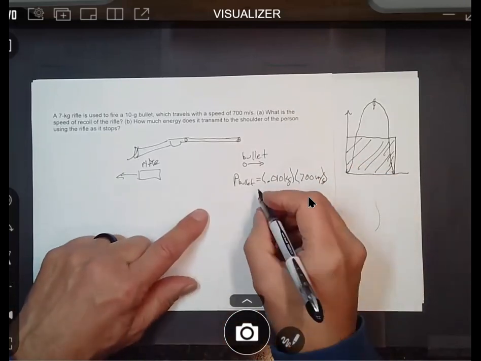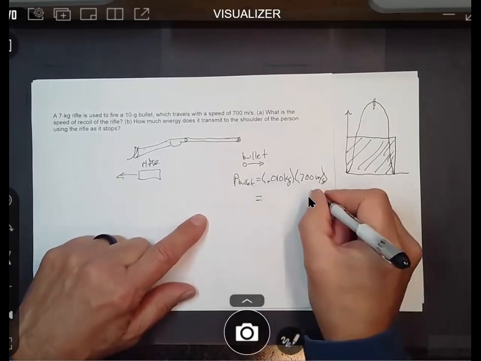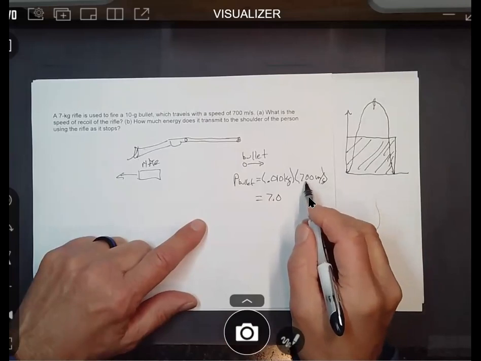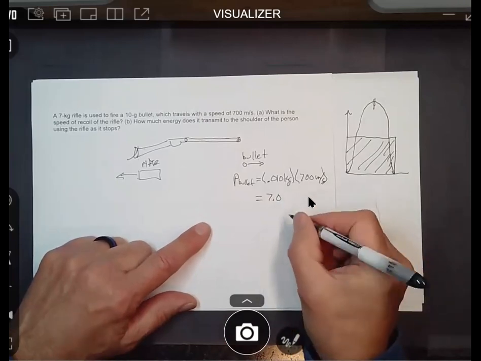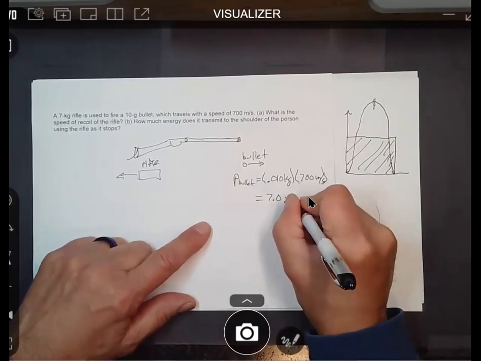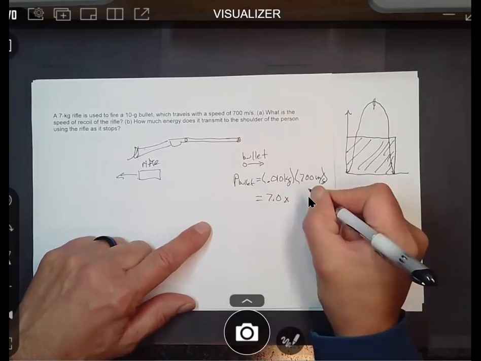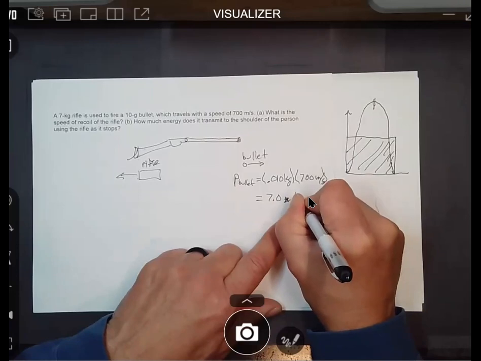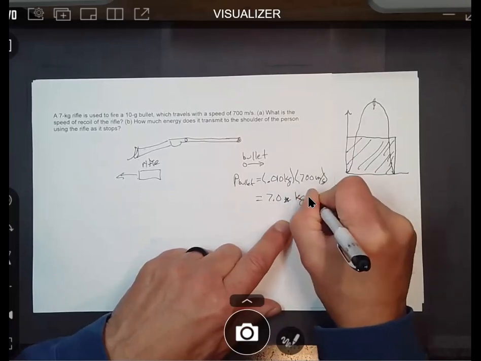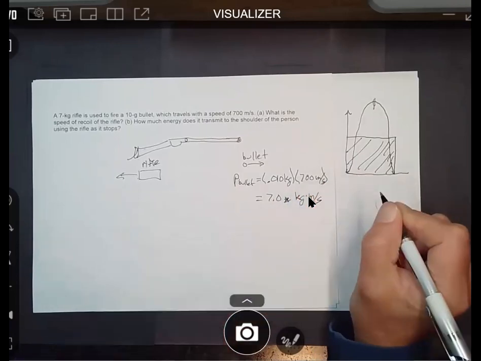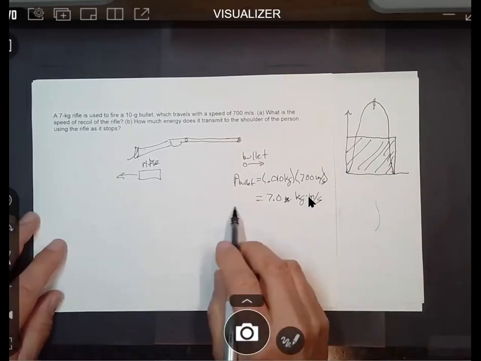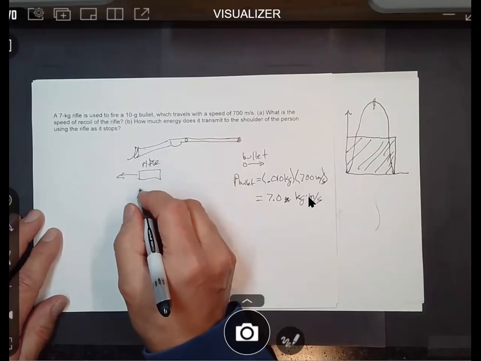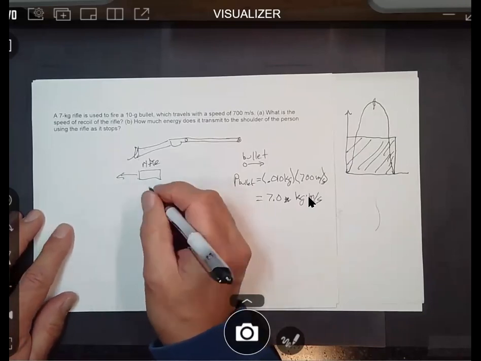And whatever number that ends up being, I think it's 7.0. Check that. 7 times 10 squared. Yeah. Actually, no, times 10 to the anything. It's just 7.0 kilogram meters per second. So that's just the momentum of the bullet. That's going to be the momentum of the rifle as well, but going in the opposite direction.